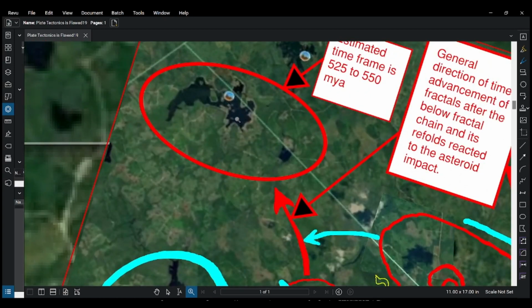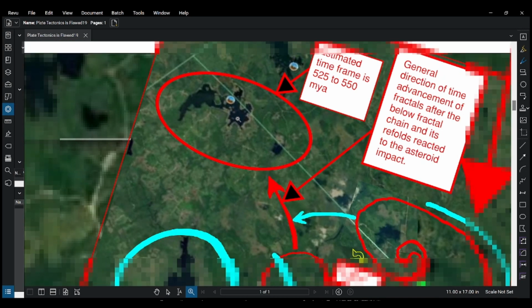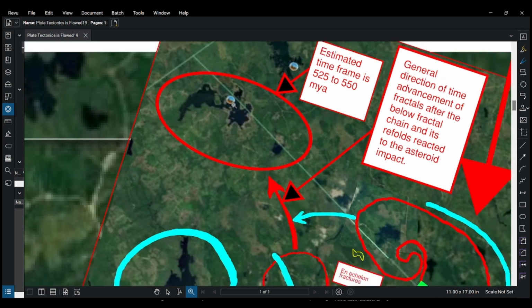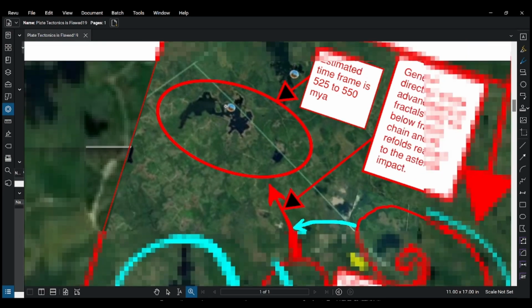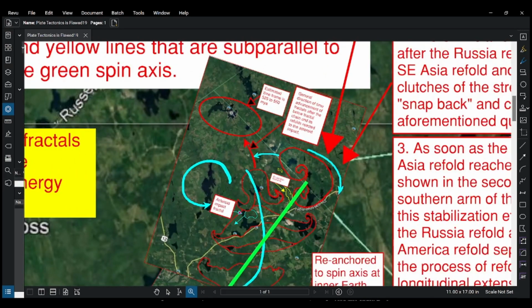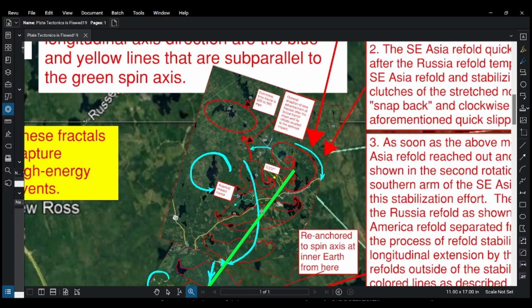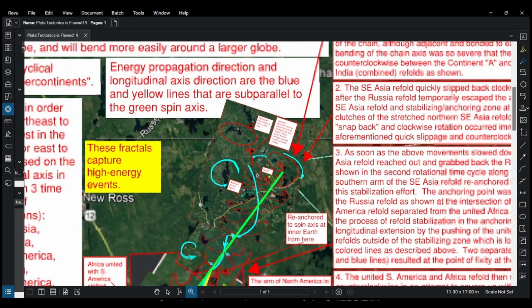You see a lot of North America fractals because this Nova Scotia is in North America, and that's where all the action was with the asteroid impact. So this is shown later in the model, this fractal here. Remember I was saying everything goes in a counterclockwise direction between fractal sequences in chronological order. So this is older than that. That happens later, counterclockwise.